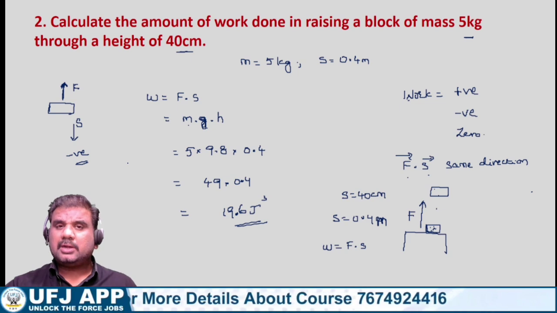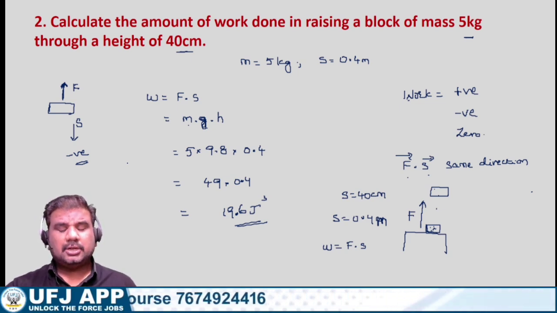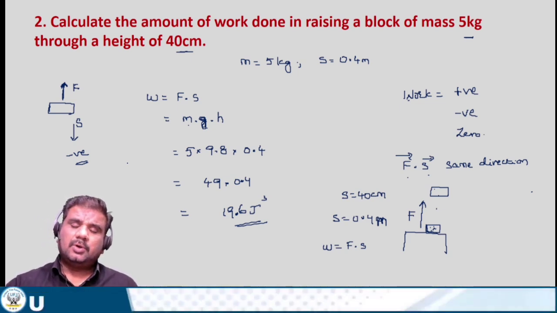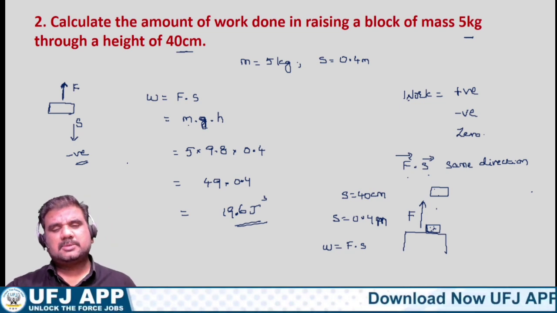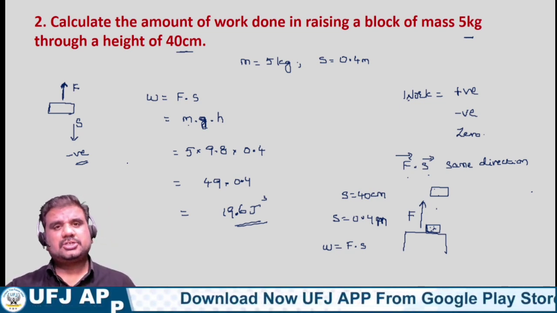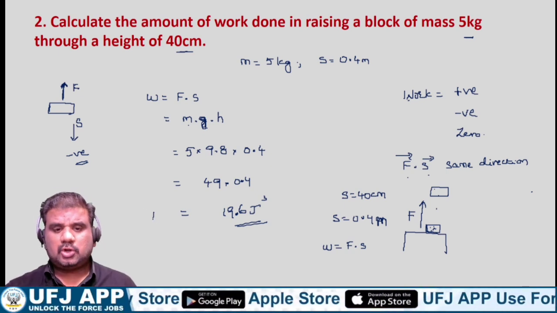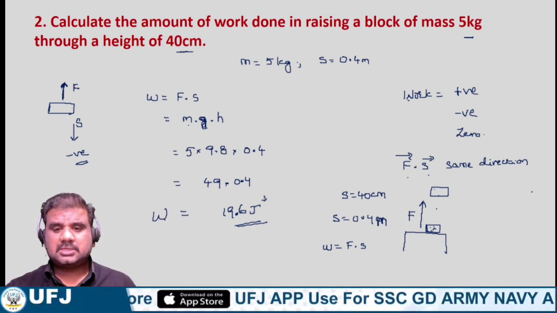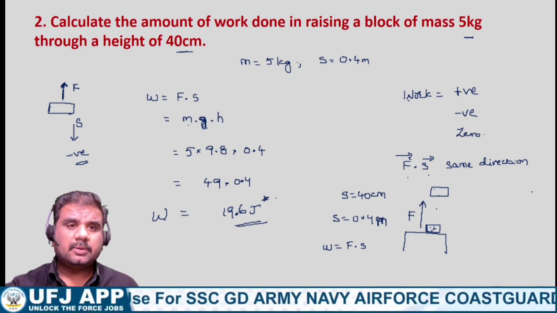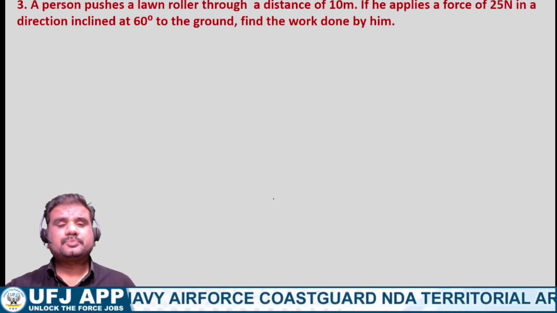And whenever you are trying to lift a box in the upward direction, the work done is positive, because force and displacement are acting in the same direction. Right? So here the work done is equal to how much? 19.6 joules. Then moving on to the next question.